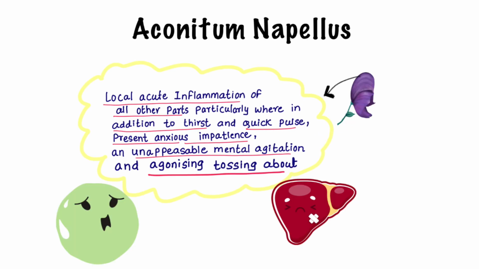Aconite is best for local acute inflammation of all other parts, particularly when, in addition to thirst and quick pulse, there is present anxious impatience and unappeasable mental agitation and agonizing tossing about.